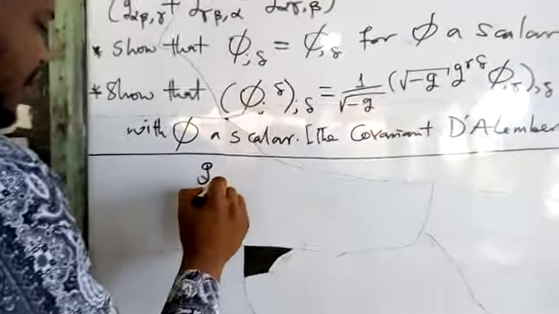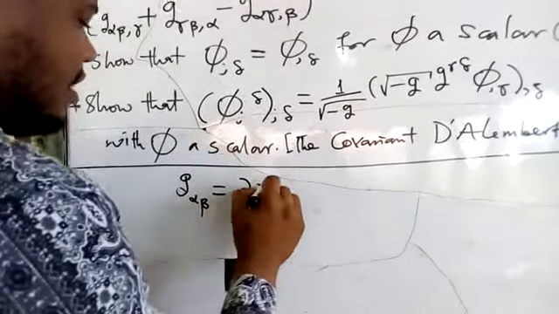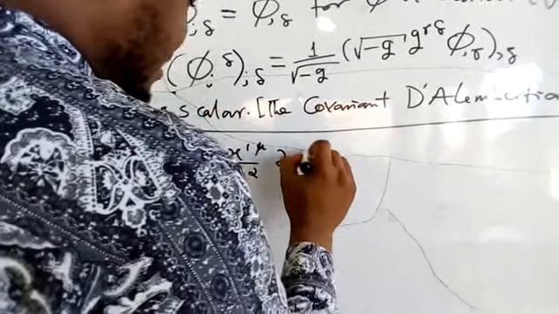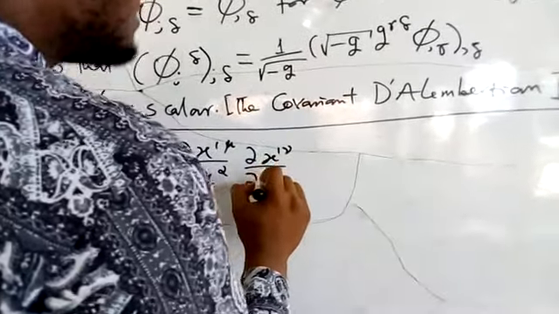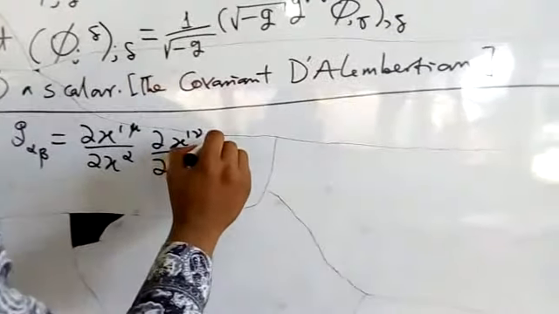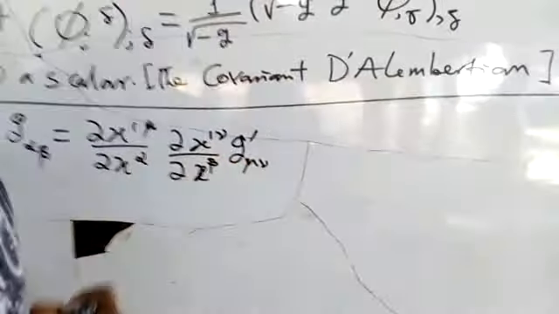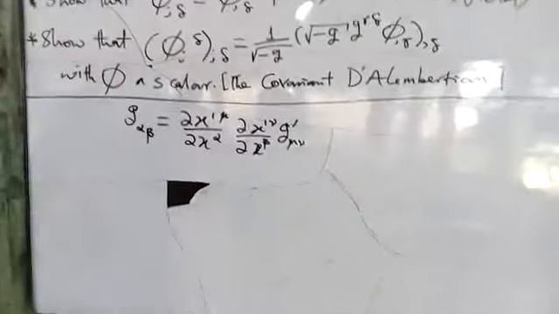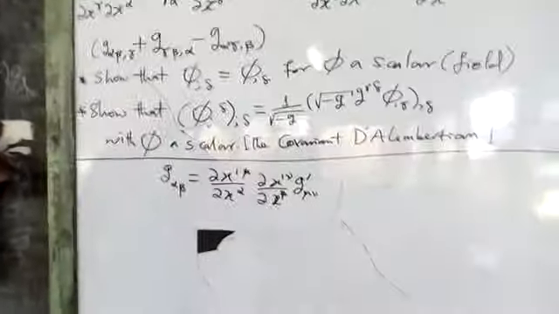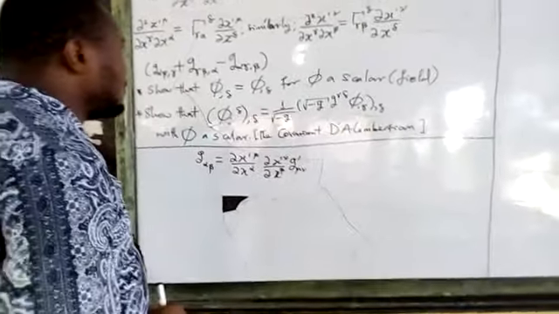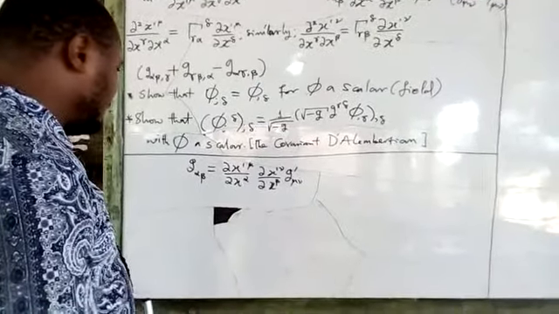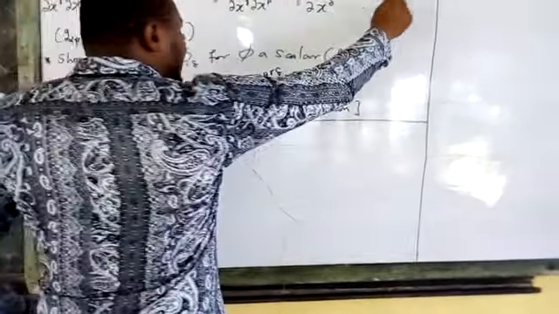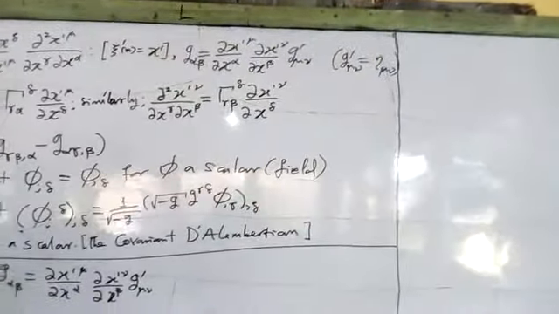So, given G alpha beta equal to the x prime mu, the x alpha, and the x prime nu, the x beta, with here G mu nu prime. Of course, here we want to treat this G mu nu prime at this moment as some kind of constant. That, for instance, will be the best part for us, which is in particular why we are considering it to be the metric tensor in some non-inertial frame.